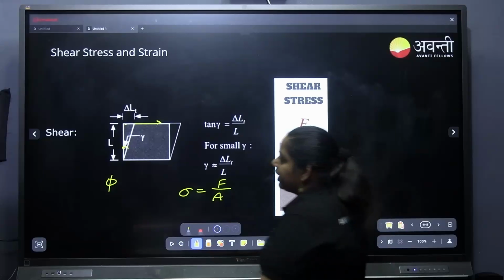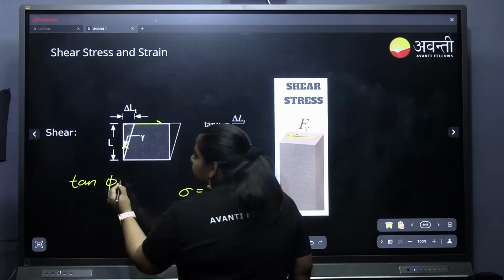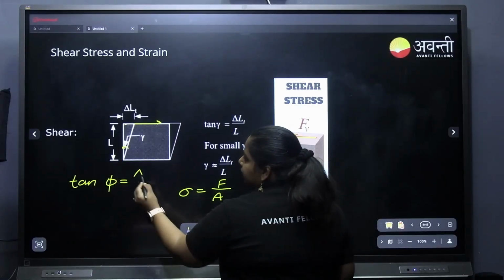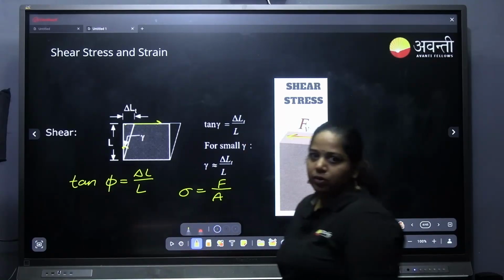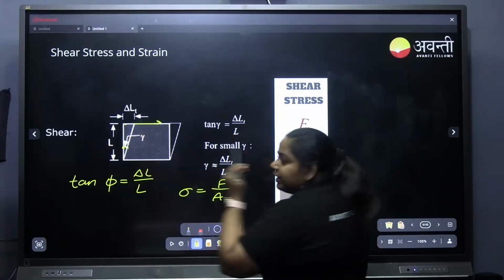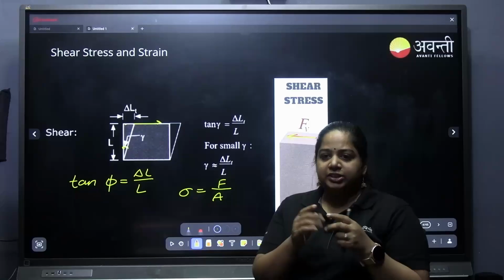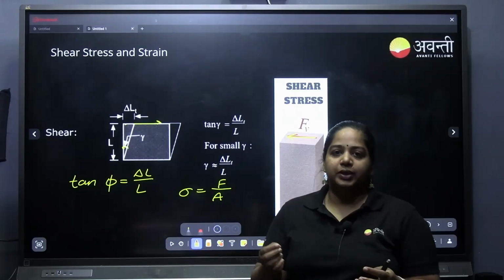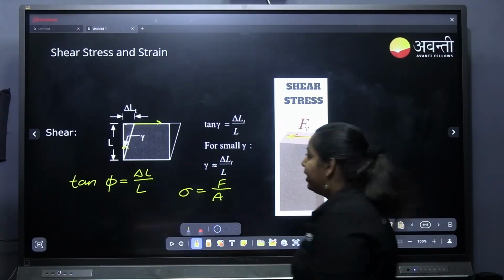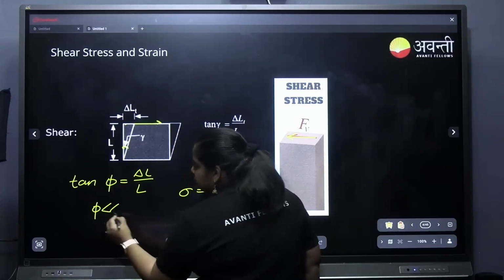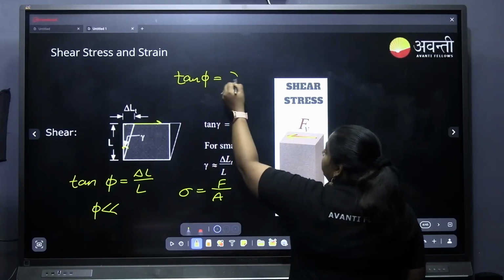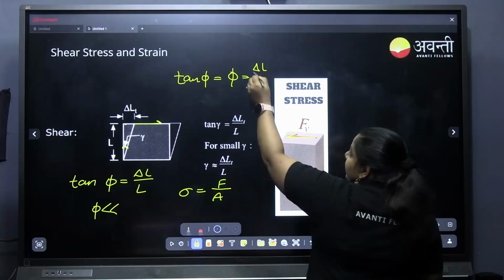If you take tan phi, it will be equal to opposite by adjacent, that will be our delta L by L. Since the shear strain will be very small, the change in shape won't be that visible to us, it will be negligible, which means angle phi will be very, very small. In that case, when phi is very small, we can say that tan phi is equal to phi, which is equal to delta L by L.